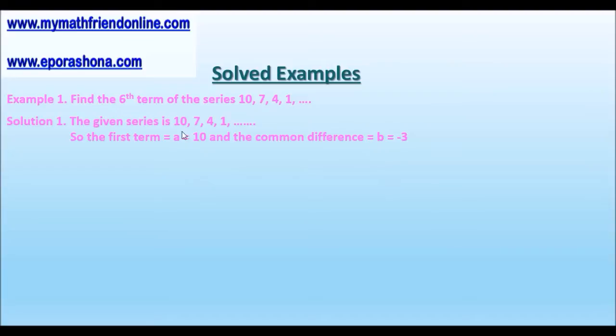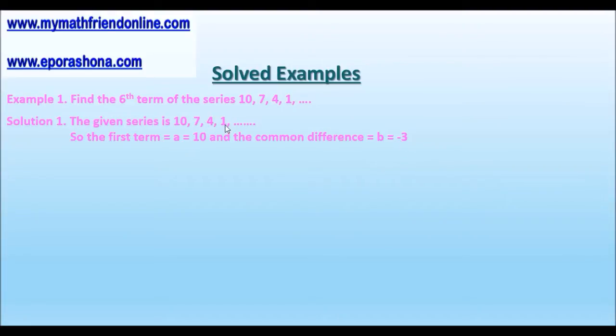The value of b is obtained by subtracting the first term from the second term, or the second term from the third term, any two consecutive terms. It is the difference between any two consecutive terms in this series. So 7 minus 10 gives us minus 3. 4 minus 7 is also minus 3, as well as 1 minus 4 is minus 3.